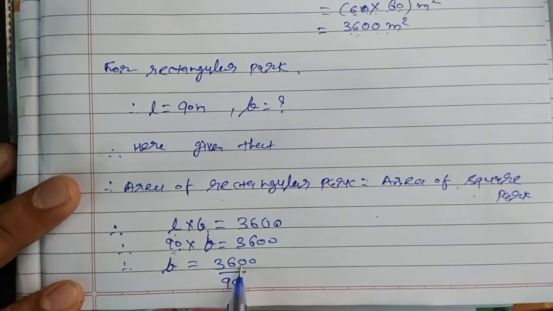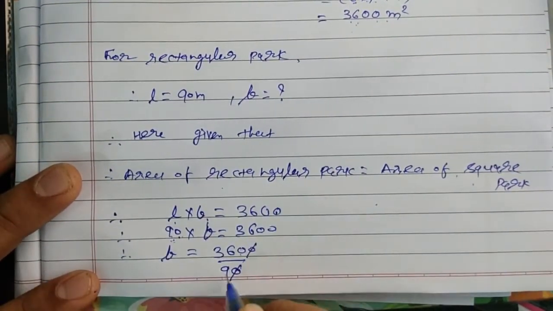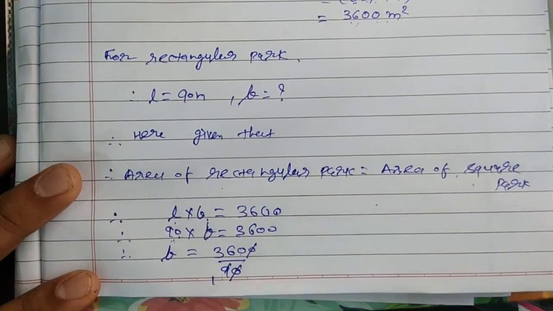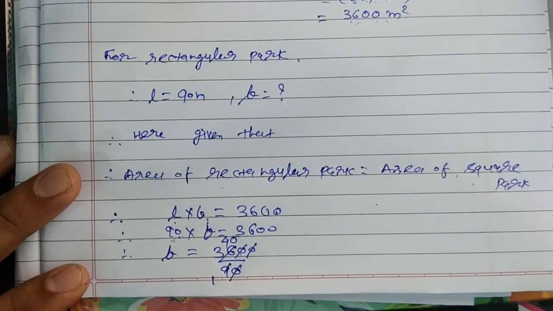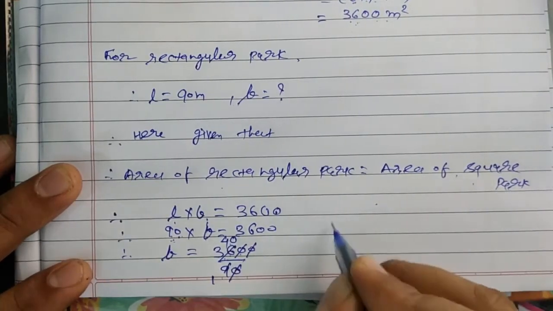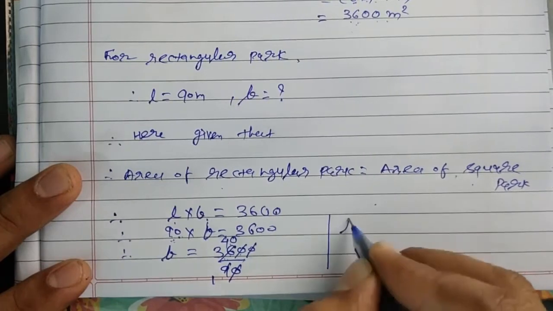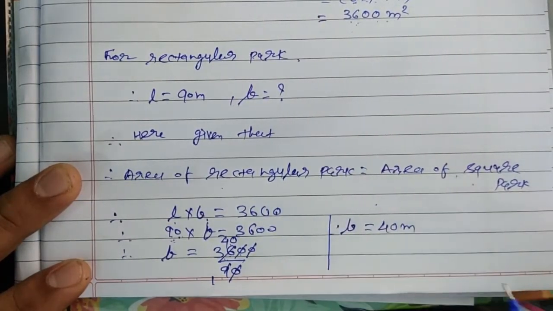This simplification we can do directly, this 0 and this 0 will cut, as we know that 9 ones are 9 and 9 fours are 36. The 0 will cut and we will come above with 4. So 3600 divided by 90 will be 40. So here I will write that B is equal to 40 meter.